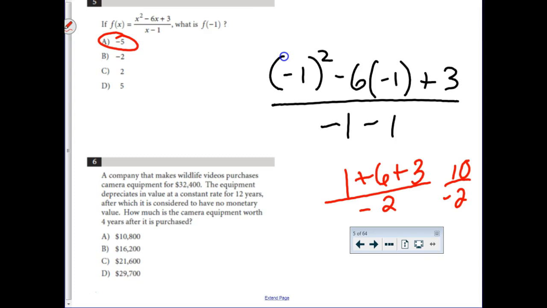A company that makes wildlife videos purchases camera equipment for $32,400. The equipment depreciates at a constant rate for 12 years, which is considered to have no monetary value. So they don't call it this, but what we're looking at is a linear function. It's behaving like a line. So it starts out at 32,400.